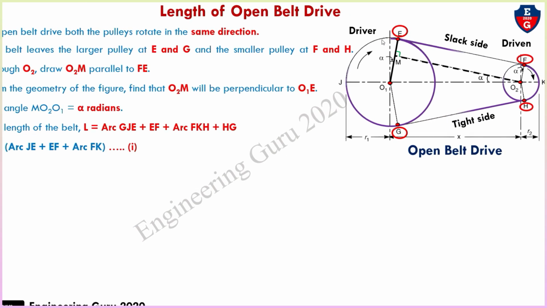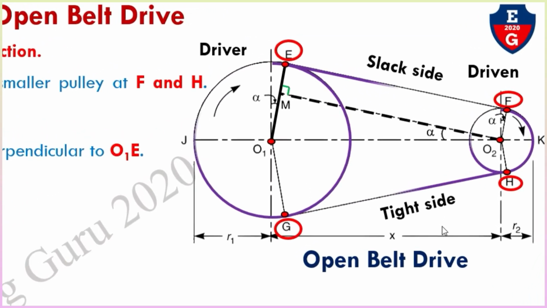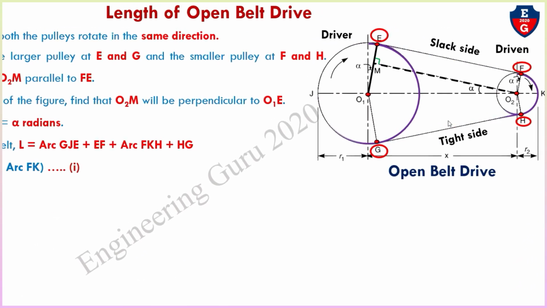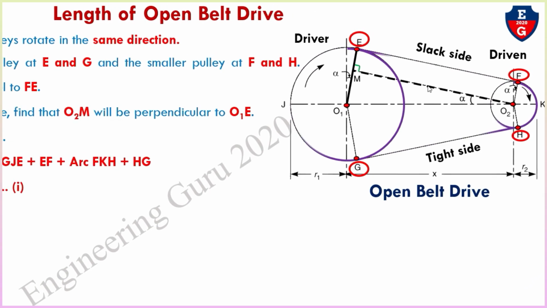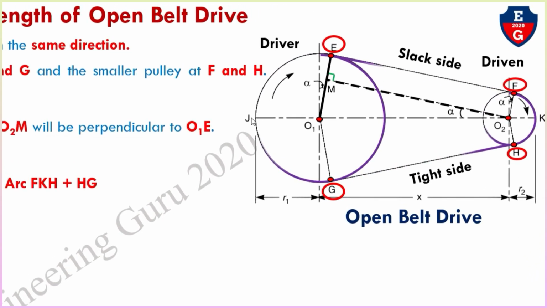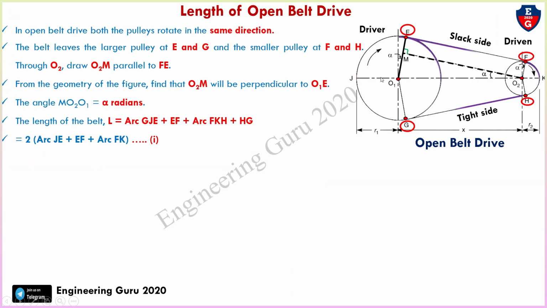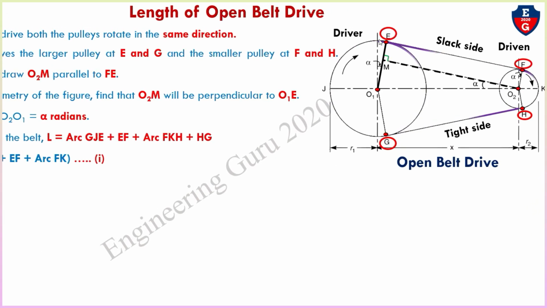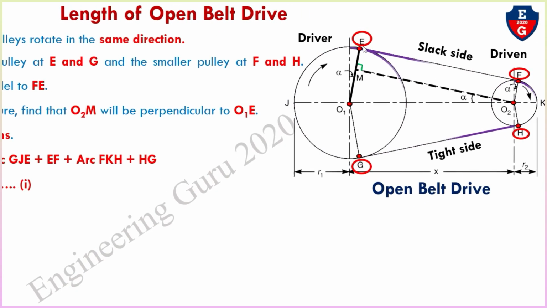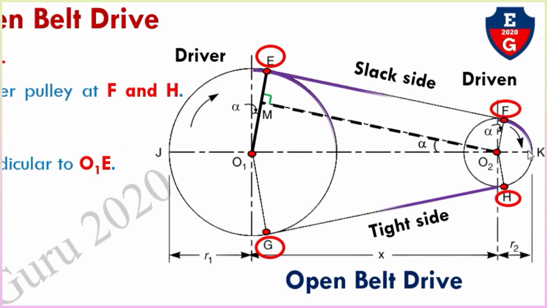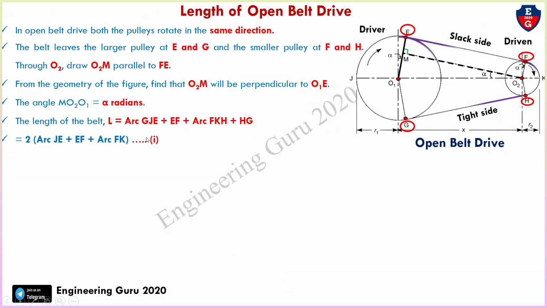You can see this is the center line, this is the upper side, and this is the lower side. Both are the same, so we consider the upper half portion and write L equals 2 into bracket arc JE plus EF plus arc FK. So this is your equation number 1.